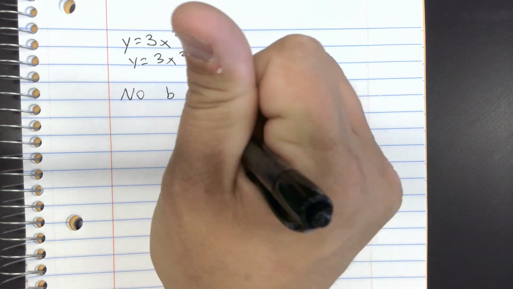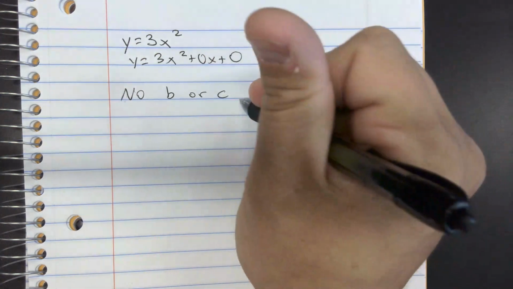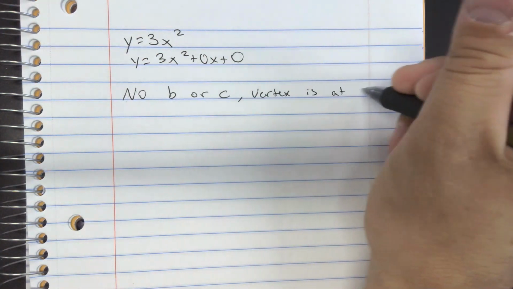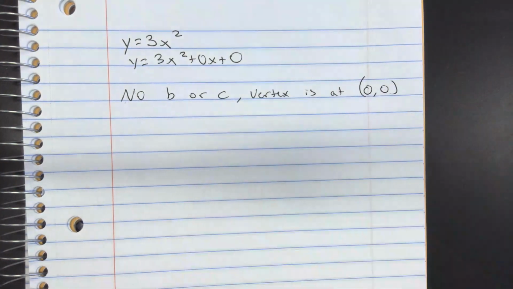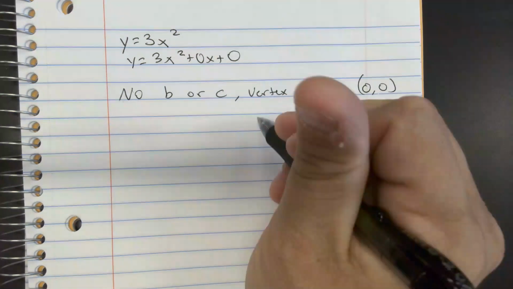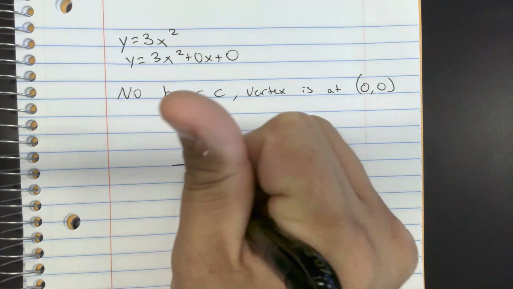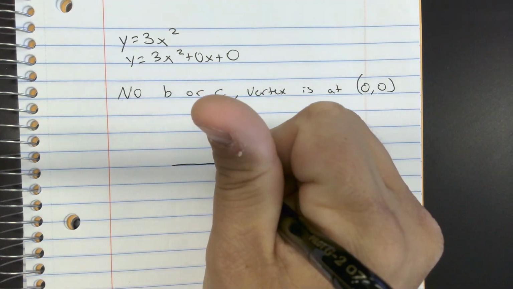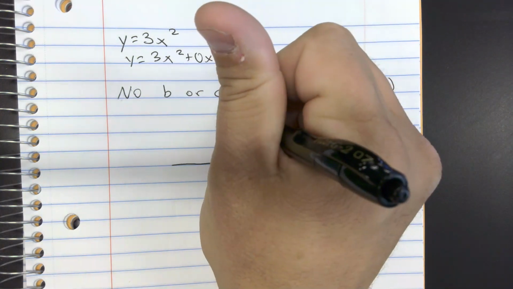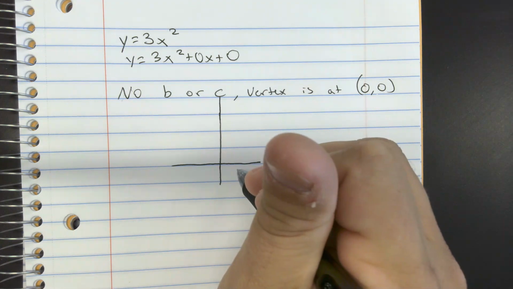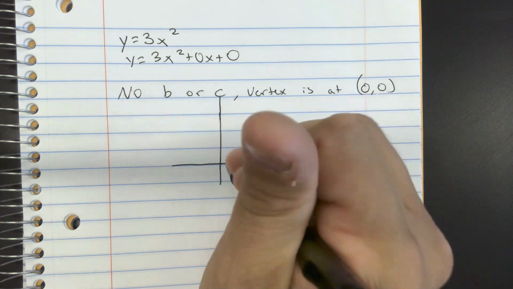No B or C, vertex is at 0, 0. I didn't make enough room.